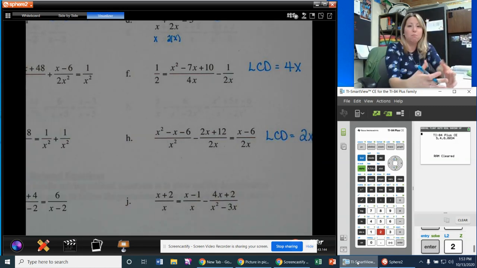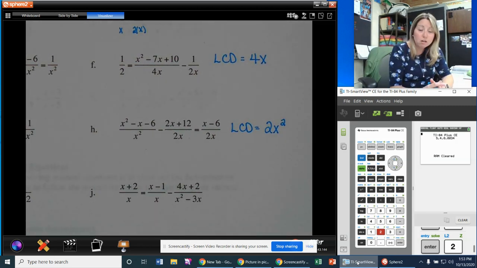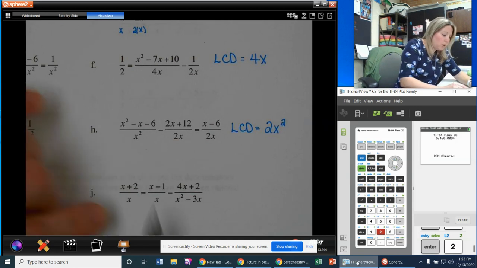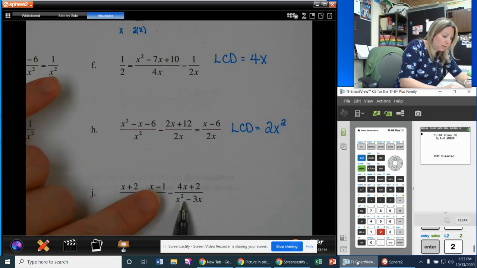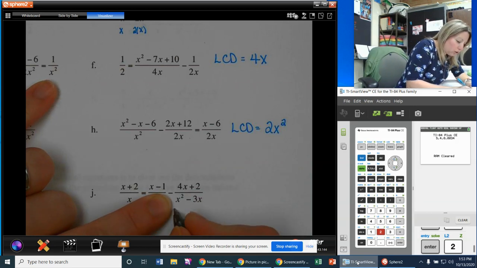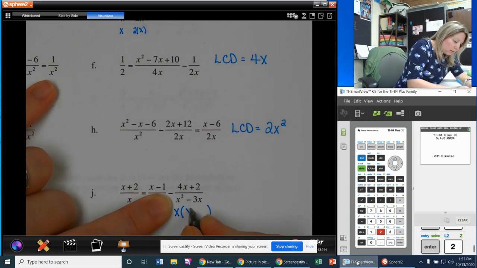So remember, we have to multiply to become this denominator. Now, here's where I'm talking about factoring, right? So this is fully factored, this is fully factored, but there's a GCF here. So what do these have in common? They have an x, so I pull that out and I divide each term by x. X squared divided by x is x.